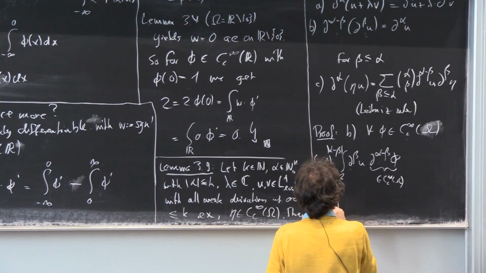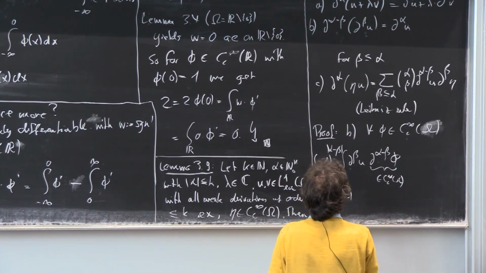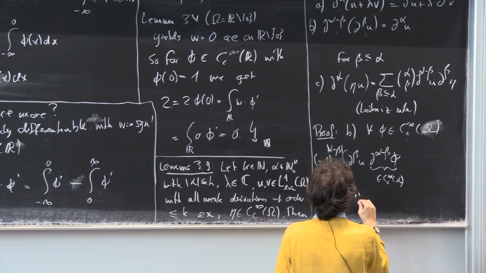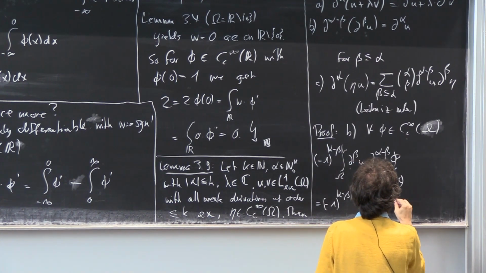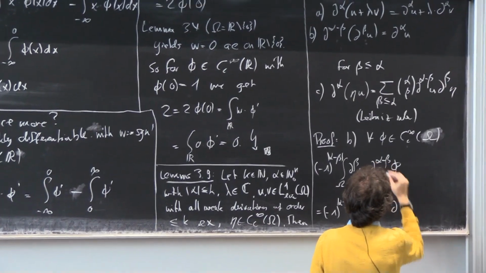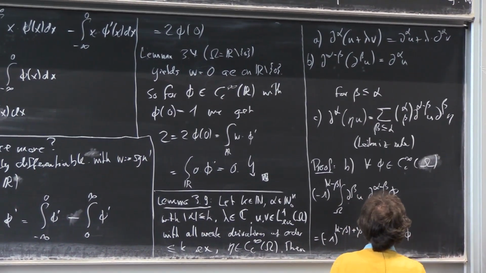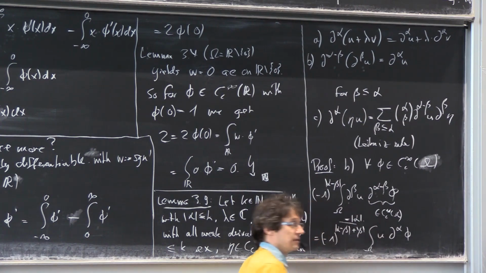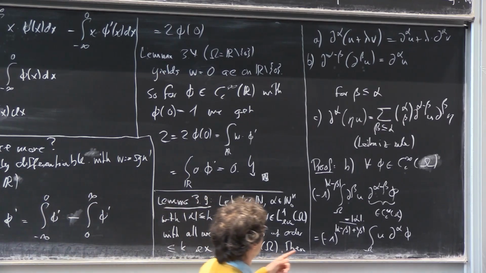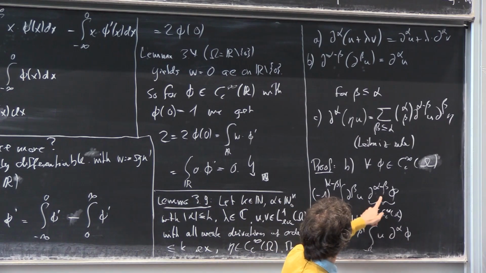So this gives you minus 1 to the modulus of alpha minus beta plus the modulus of beta, integral over omega u, and then alpha minus beta plus beta, so d^alpha phi. And this is the same as the length of alpha.